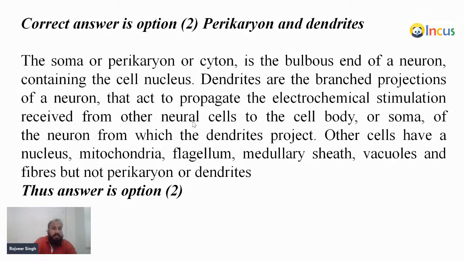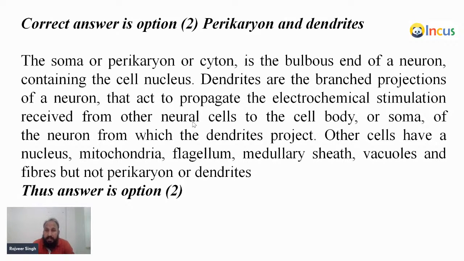So now let me describe the soma. We can also call it the perikaryon, and cyton is also a synonym of the perikaryon. The soma is the bulbous end of neurons containing the cell nucleus.